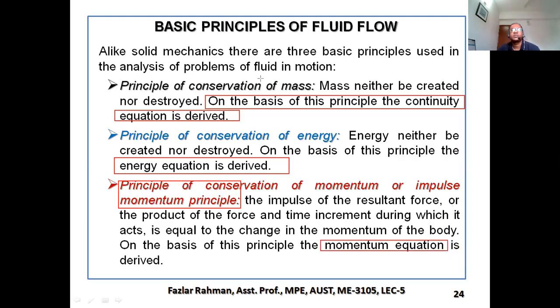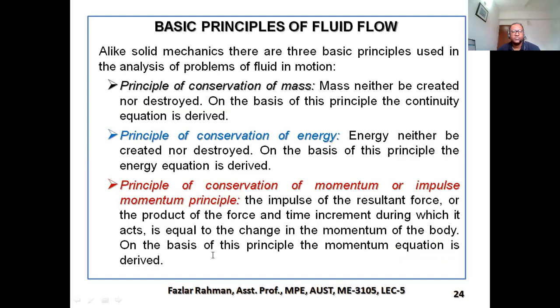What is that equation? If you know Newton's second law, F equal to ma. And here we can write a equal to dV by dt. And this dV we can say is V2 minus V1 divided by time dt.